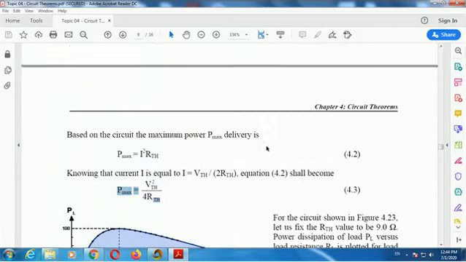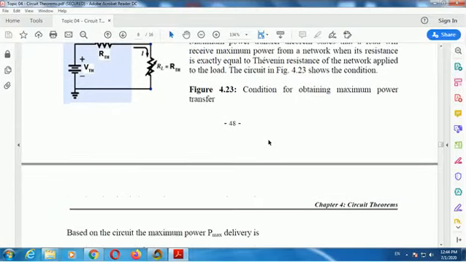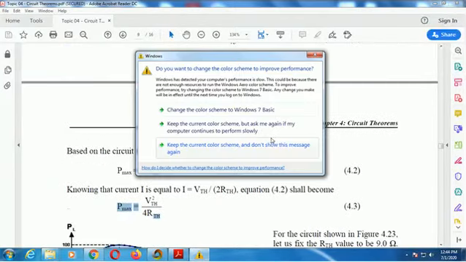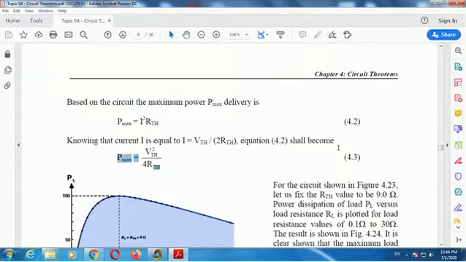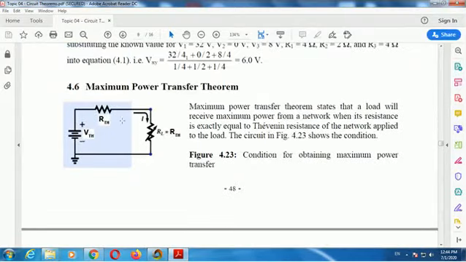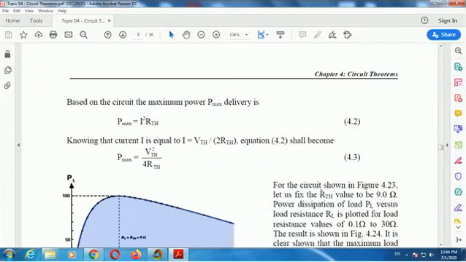So for the circuit in Figure 4.23, if we fix RTH at 9 ohm, the power dissipated in the load PL versus load resistance is plotted.